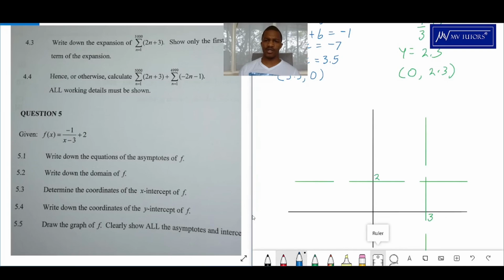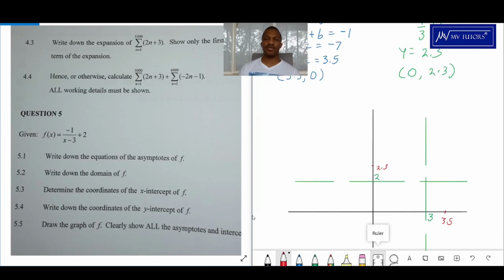So it's really up here. Let's say that's 2.3. And then the x-intercept, it's 3.5 and 0. So let's just say 3.5 is right over here. It's going to be at 3.5.